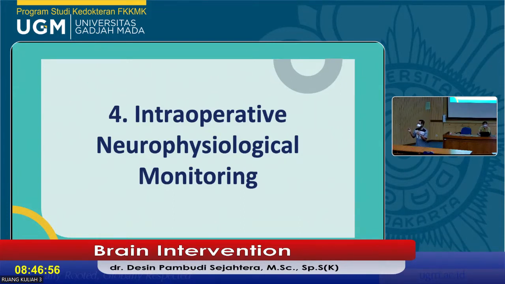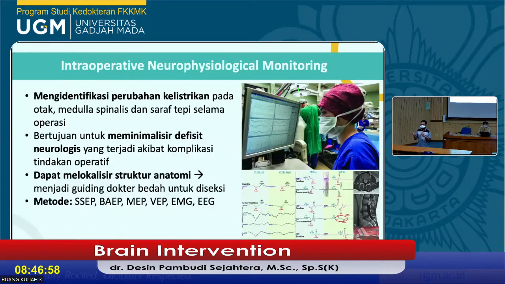So in our center we already have this, to help the surgeon, from orthopedics or neurosurgery, to monitor. The patient operated in the operating theater is unconscious, isn't it?